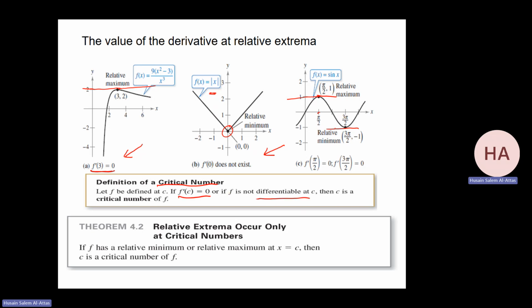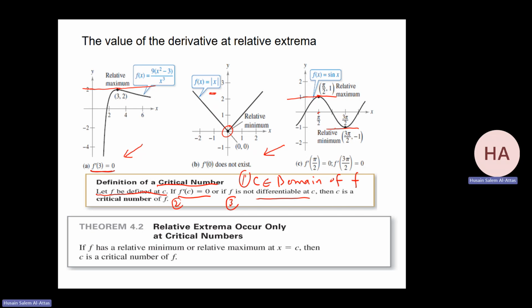But be careful. Also, I want f to be defined at C. That means C in the domain of f. So I have three conditions. 1, C in the domain of f. 2, f prime is equal to 0, or 3, f is not differentiable.